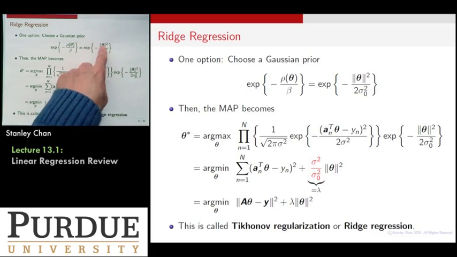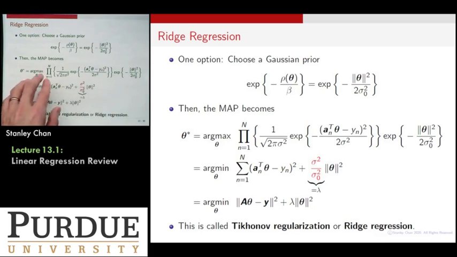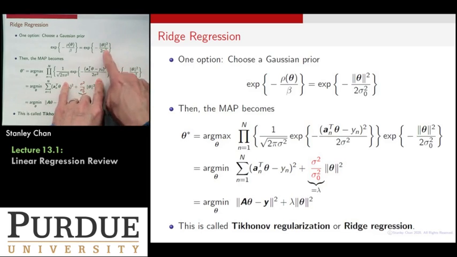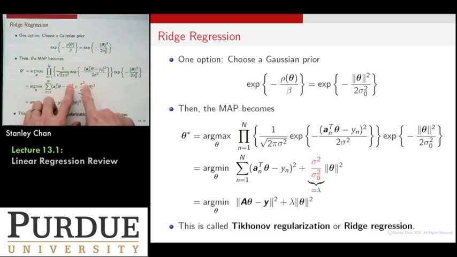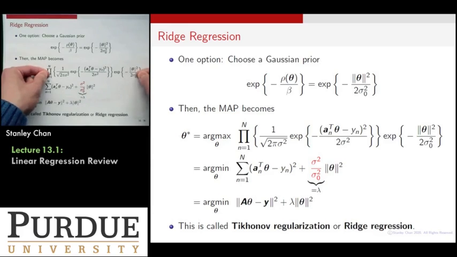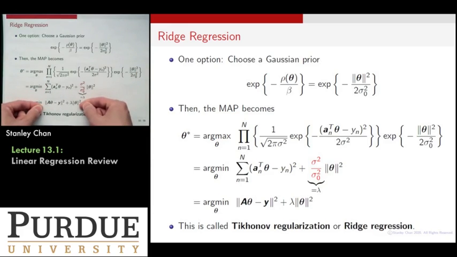You put this in, then your MAP estimation becomes this. You have likelihood times your prior, which is this prior. You take a negative log, then you have this term coming out, and this is exactly just the norm of A theta minus y squared plus your regularizer. So this shows you that if you choose a Gaussian prior, then your MAP estimation is the ridge regression.